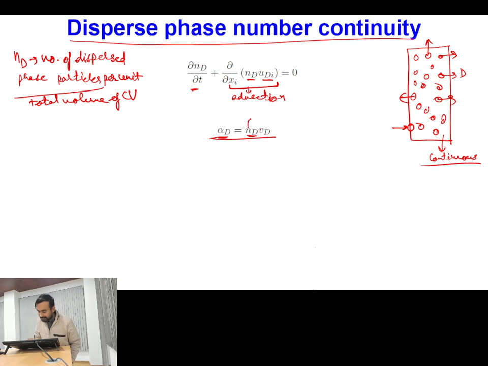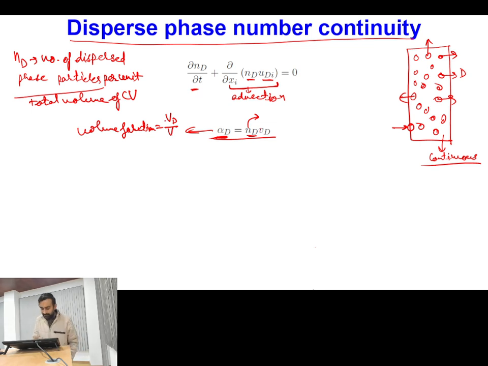And when I have considered this number Nd, I have already included per unit total volume of the control volume. So that's why this term will give me alpha D. Is this point clear? What is alpha D? Alpha D is nothing but the volume fraction. The definition of volume fraction is the volume of the dispersed phase divided by the total volume of the control volume.